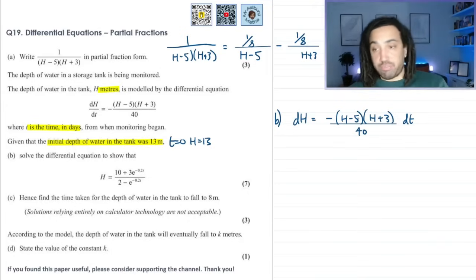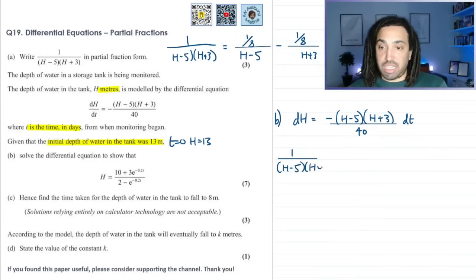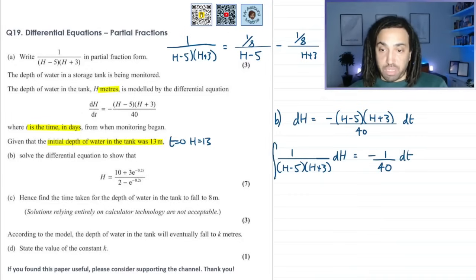I'm going to divide both sides through, which will give me 1 over the h minus 5 h plus 3 dh. And then I'm left on this side with minus 1 over 40 dt. And that's good. And this is a follow-on part from the previous question.